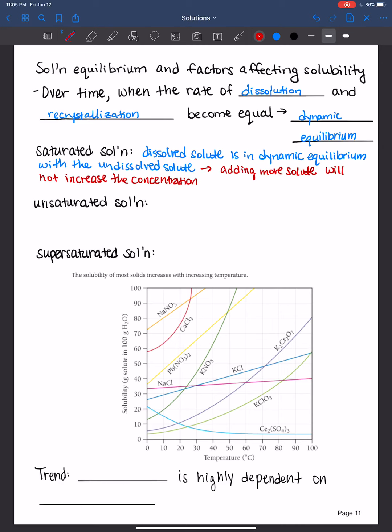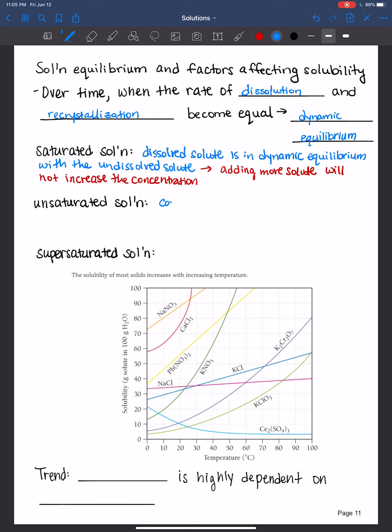And if you have a saturated solution, then for the most part, you're not going to see crystals crashing out, so precipitating out. And we'll talk about that in a second here. But let's go over what an unsaturated solution is.